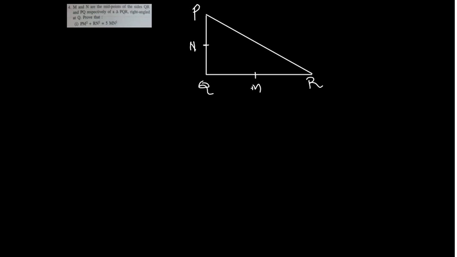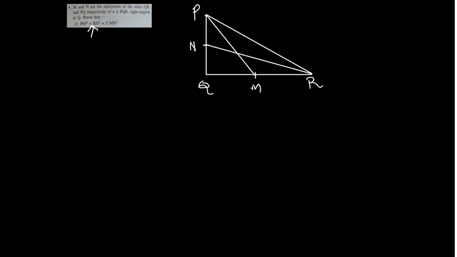Okay, now PM squared equal to PQ squared plus QM squared. Correct? So RN squared equal to NQ squared plus QR squared.